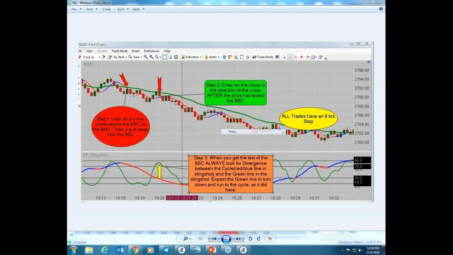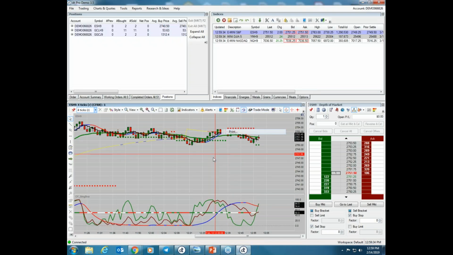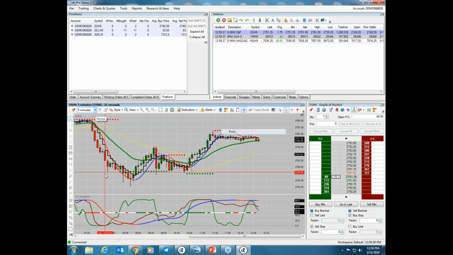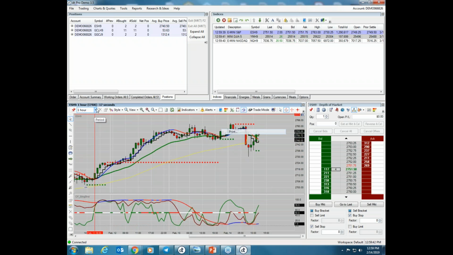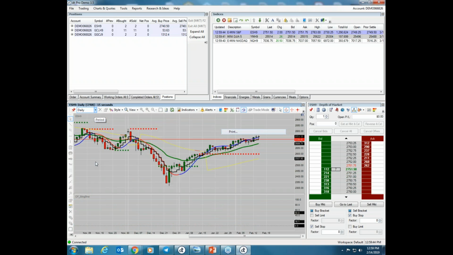All right. First order of business is the time frame. We are on a 4-tick range chart. So if you have DT Pro, how do you get there? Chances are you might be on a 5-minute chart. You might be on an hourly chart. You might be on a daily chart.